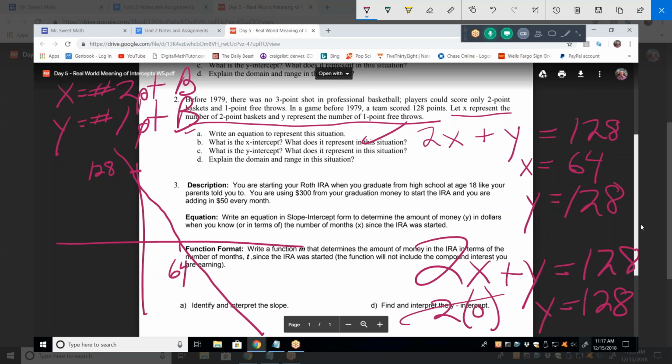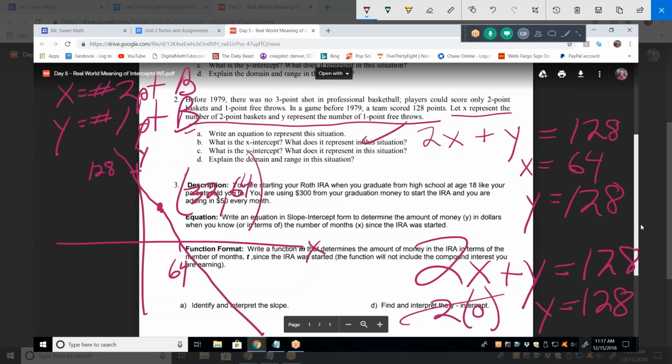That's the y-axis, that's the x-axis. So if I'm on that point of the line, that looks like maybe I scored 32 2-point baskets and 64 1-point baskets. You get how this works?